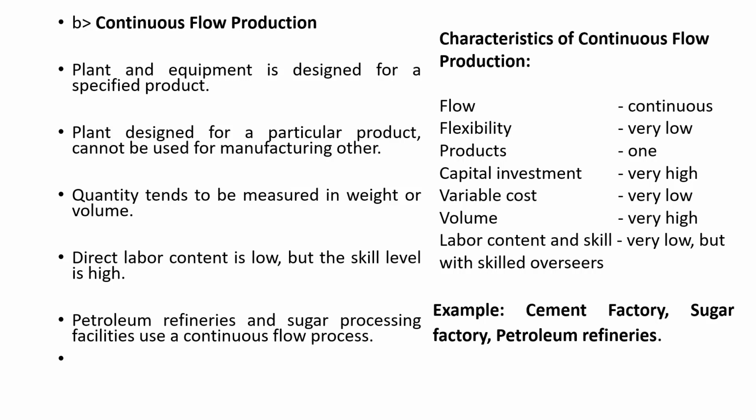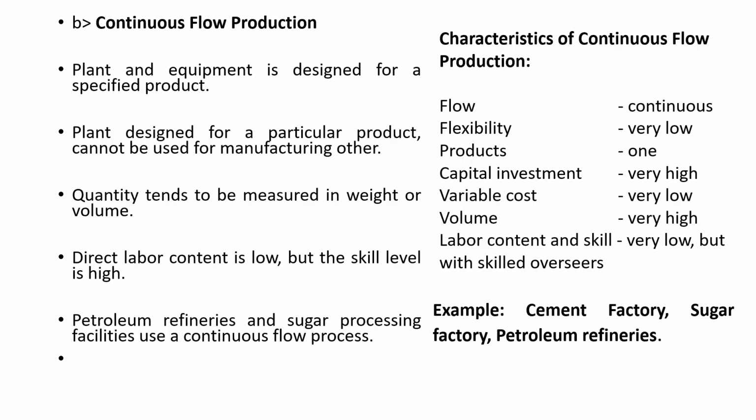What you will find are the process control rooms where engineers are sitting and regulating the temperature and pressure so that the process is under control. So here the labor content is low, but highly skilled laborers are required. And you will not find any worker to touch the products. The products are continuously flowing through pipelines, and hence it is called continuous flow production.